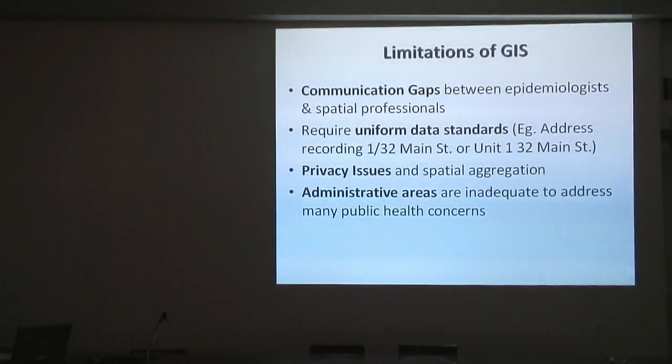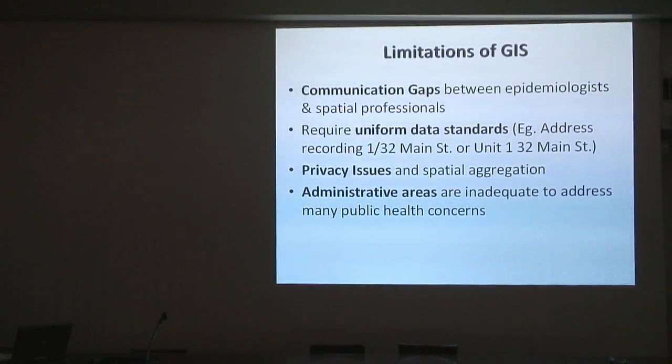In spite of a lot of advantages of GIS, there are a lot of limitations of the application of geographic information systems. First of all, communication gap between epidemiologists and spatial professionals, because GIS software and digitized maps usually are in geography departments, and epidemiologists do not have access to GIS.